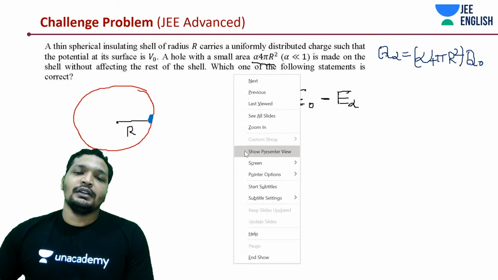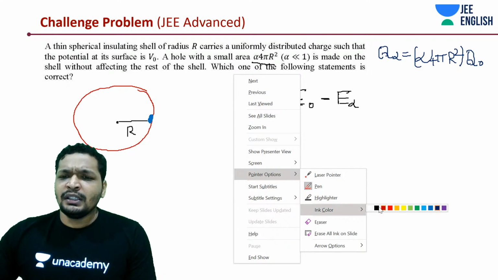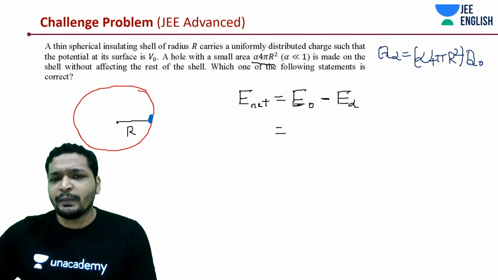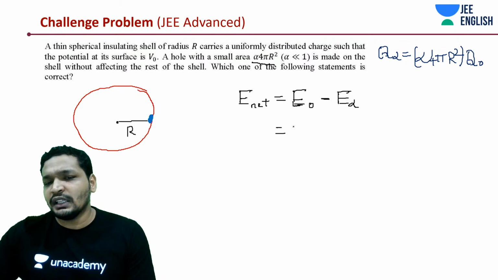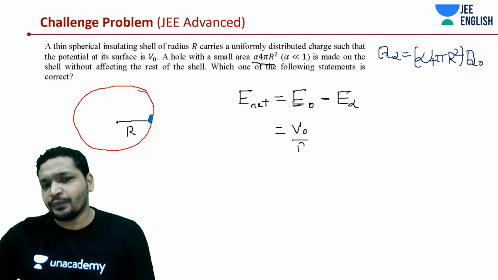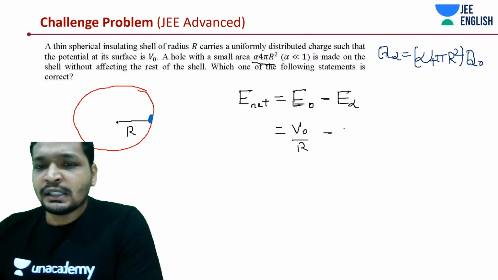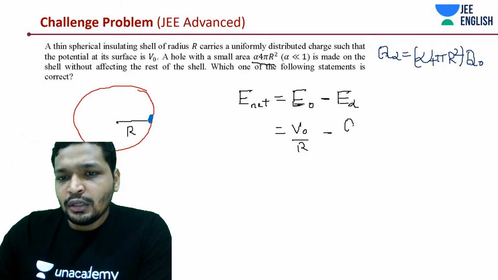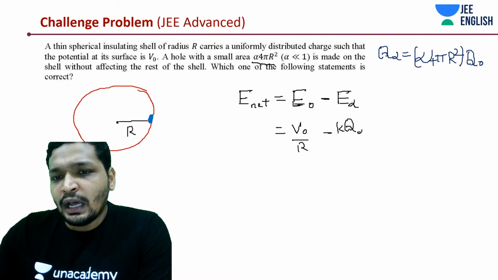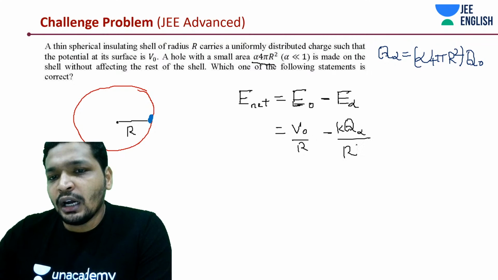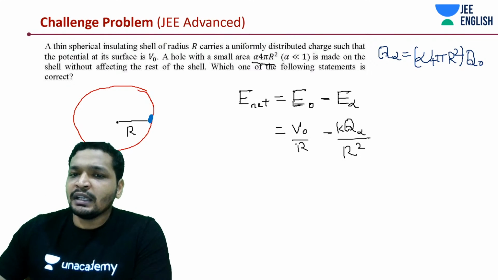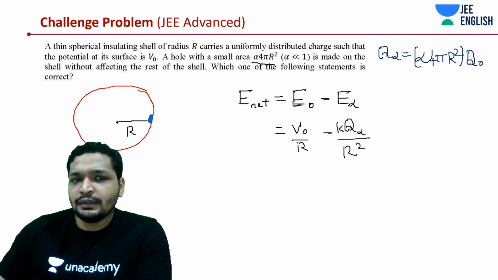So this would be just V naught by R. It's K Q naught by R square, which is nothing but V naught by R. And what about this? This is going to be K Q alpha divided by R square. We did the same thing over here.